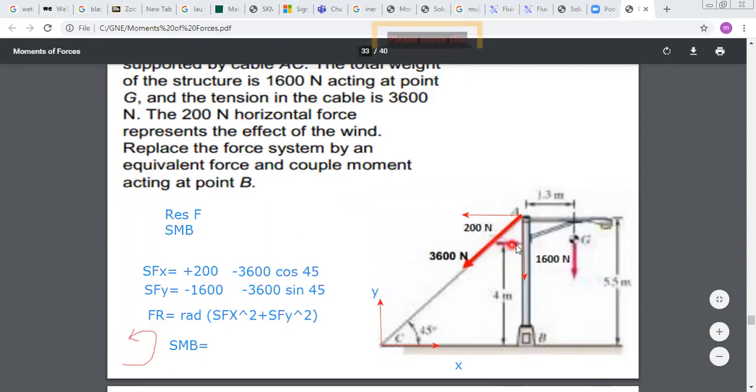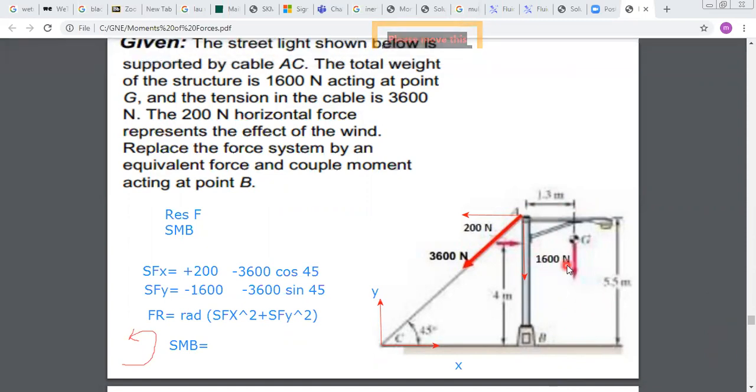So I have minus 200 times 4 for this force. Now, the weight is also trying to rotate in the clockwise direction, and I should multiply by this distance, which is 1.3. So it's minus 1,600 times 1.3.